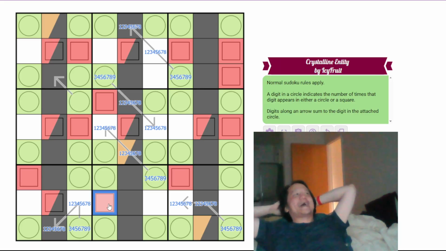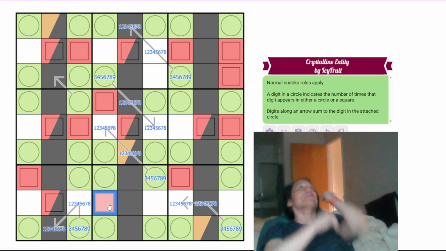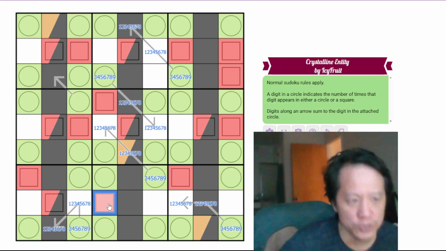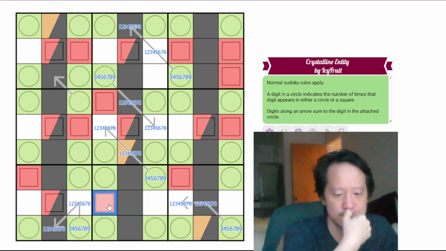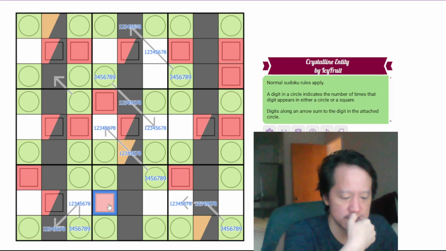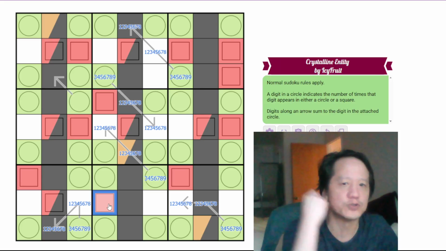So if you had 9 not be part of the circles, you could only have 5 at most. Five nines at most. Okay.